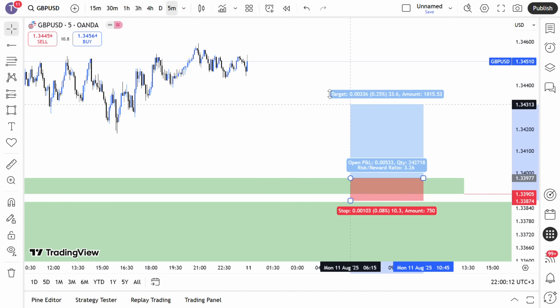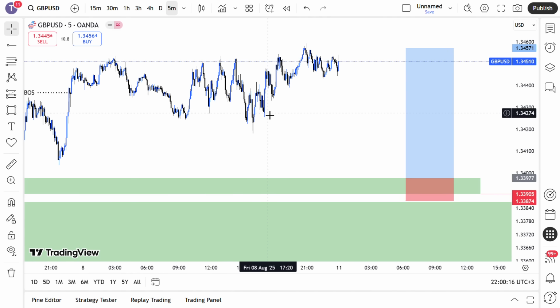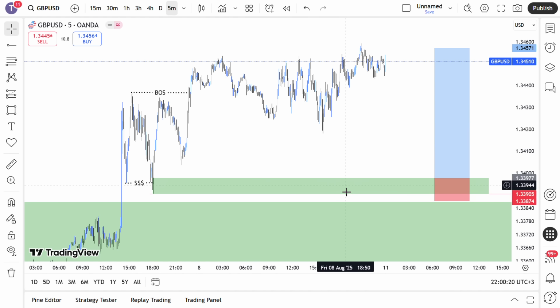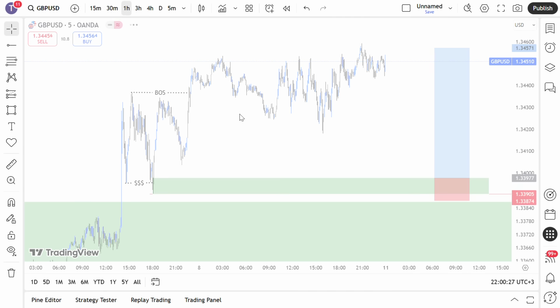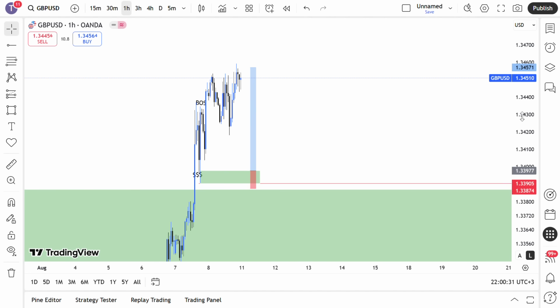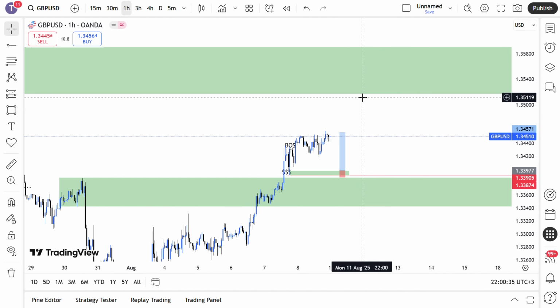I have placed orders, and if you are not willing to go aggressive in this trade, try to look for maybe a good confirmation from this area. That is my area of interest, and I think the market will be coming back down there before we look for buys to the upside.